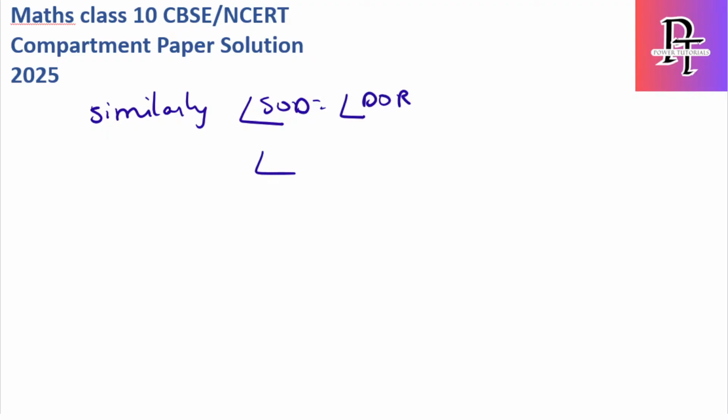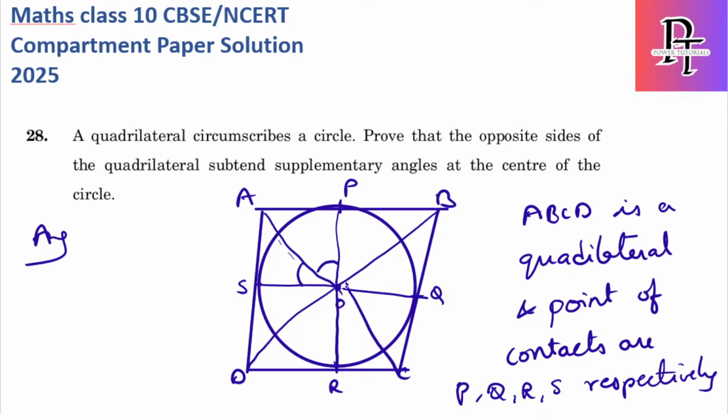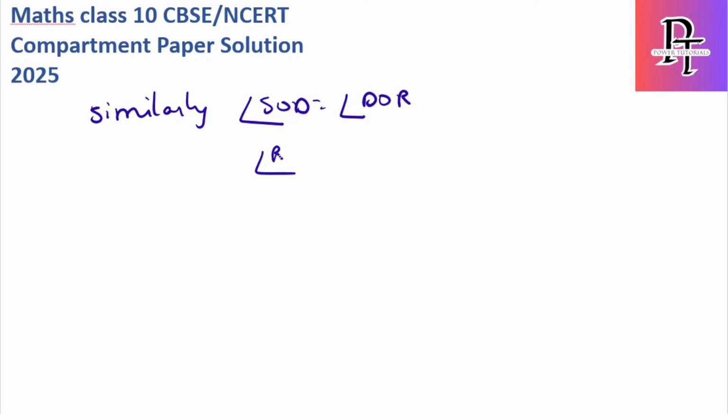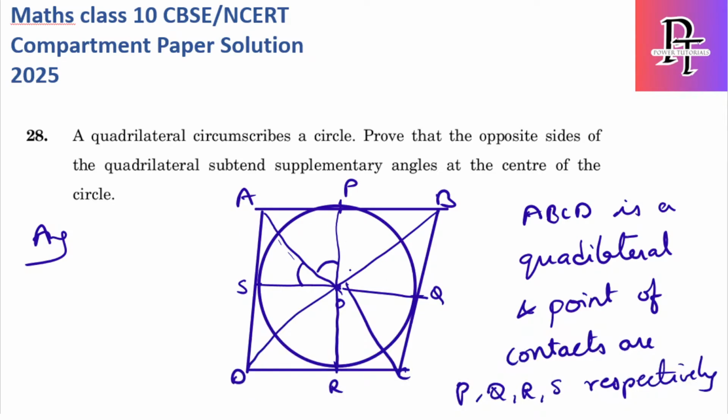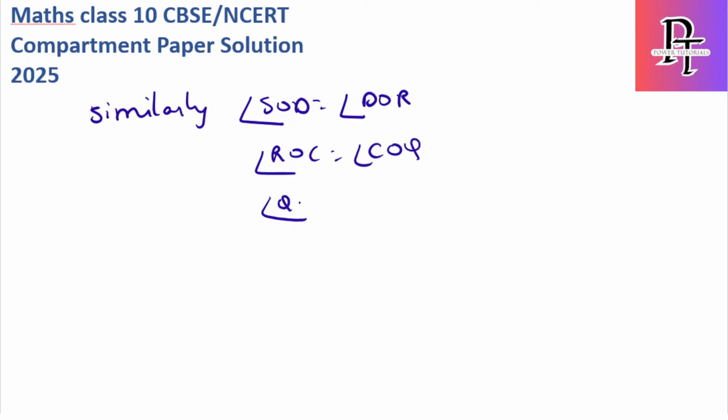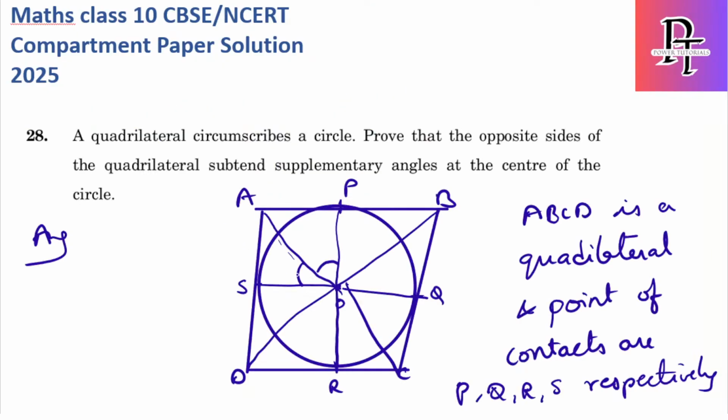The other two angles, ROC and COQ, and the next ones, QOB and BOP. So if I add all the angles of these, then the entire angle will be nothing but 360 degrees.